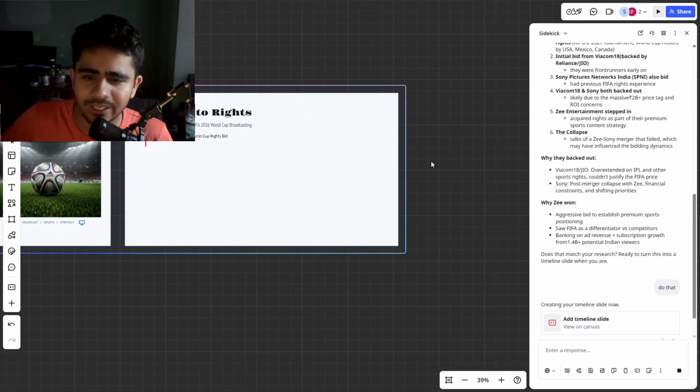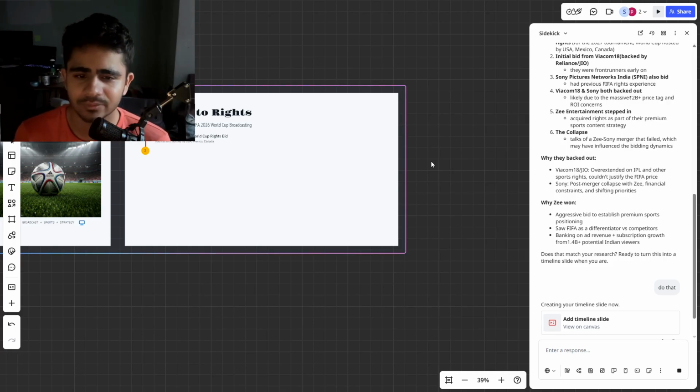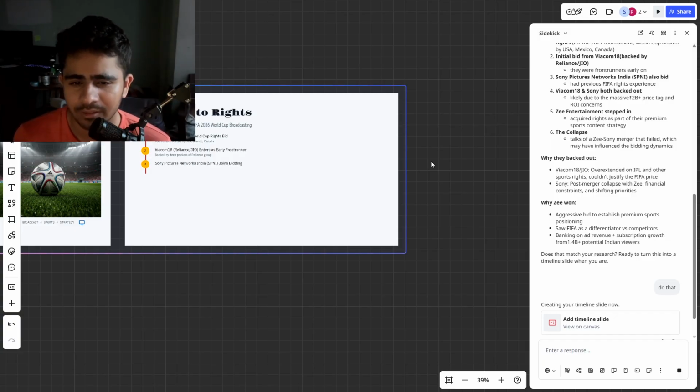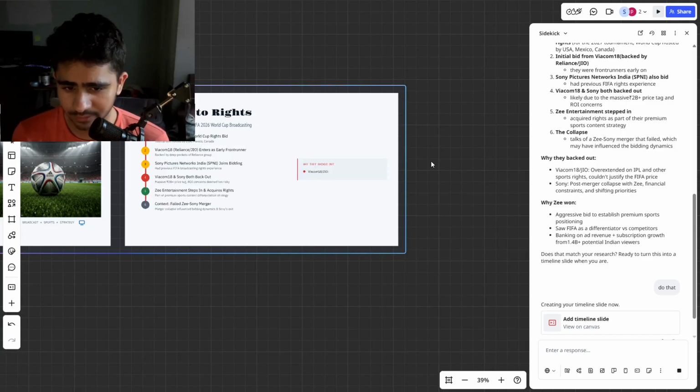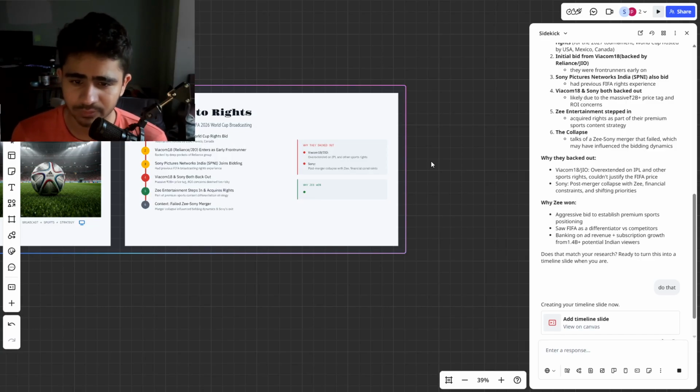The road to riots. How FIFA launches the World Cup rights. Tournament hosted by USA, Mexico, and Canada. Entrants include early front runners backed by deep pockets and Reliance groups, who had previously broadcasting rights experience, and then massive costs seemed too risky. $2 billion.